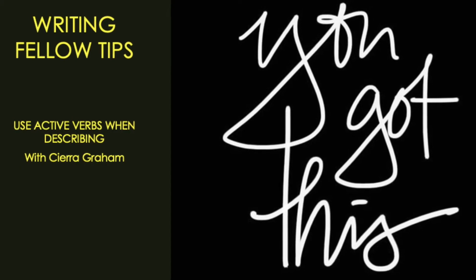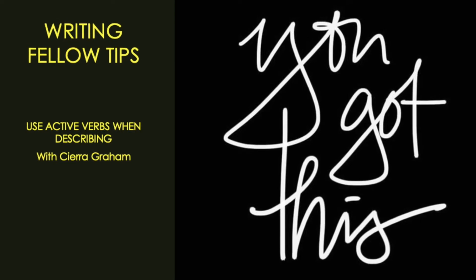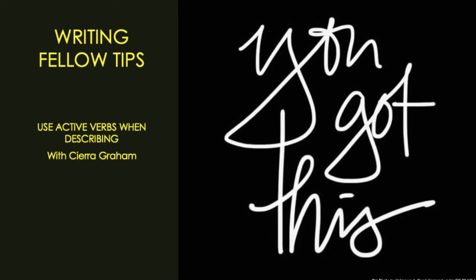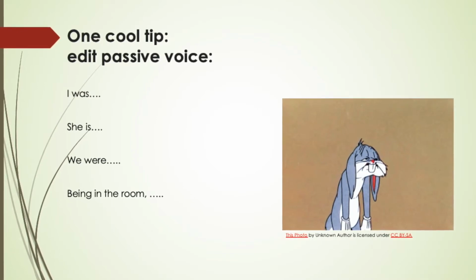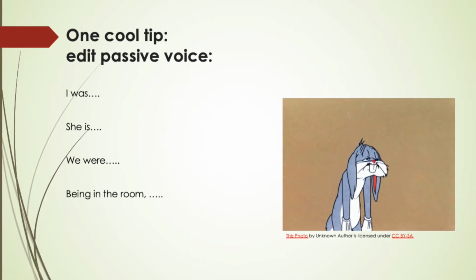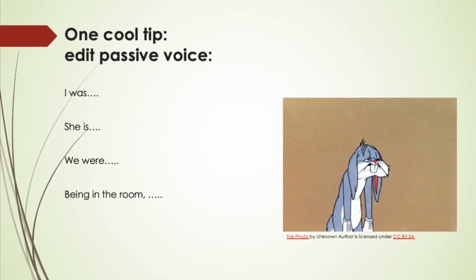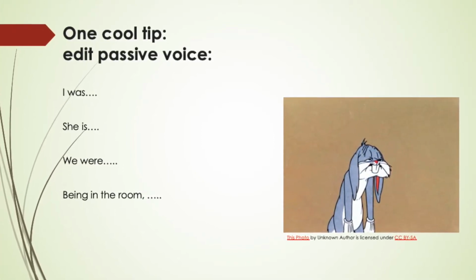Alright guys, so one way we can really amp up our description is to incorporate active verbs into the writing. Editing passive voice is one way that we can do that pretty easily. The problem with a passive voice is that it makes your writing a little bit dull and kind of boring.